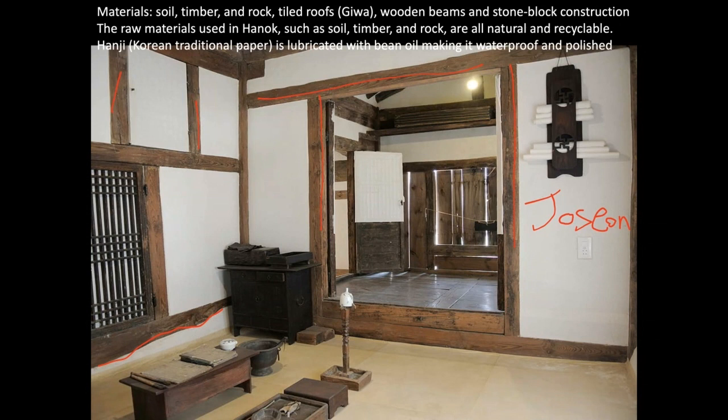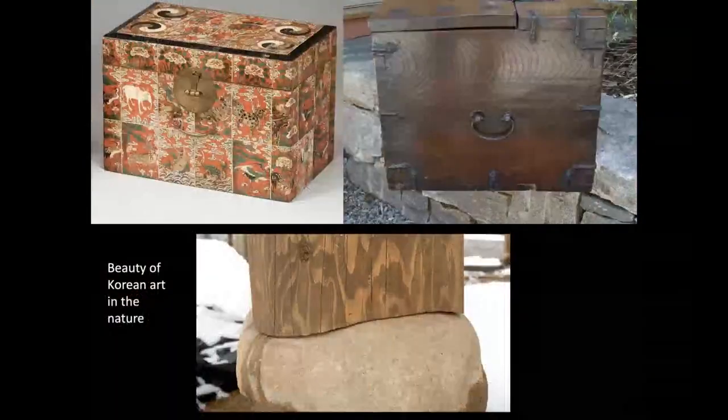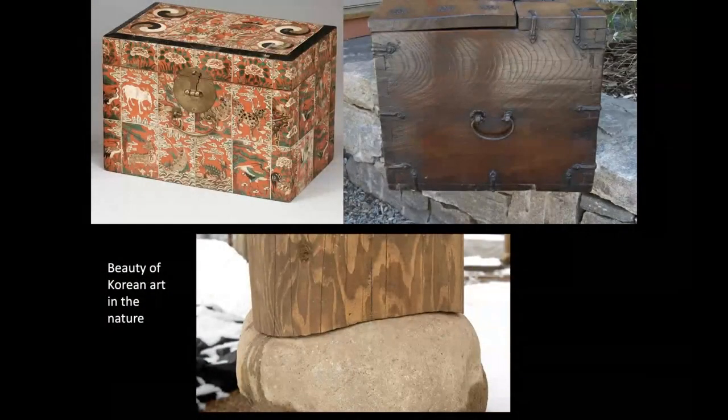Very casual. But sometimes, for Buddhist temples or palaces, they can also carve out their wooden trusses and make really beautiful floral patterns. So these are what I meant by beauty of Korean art in the nature.